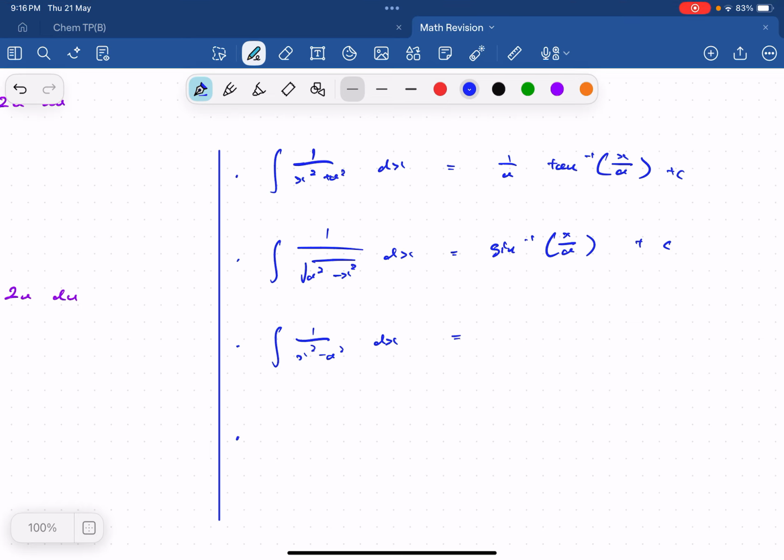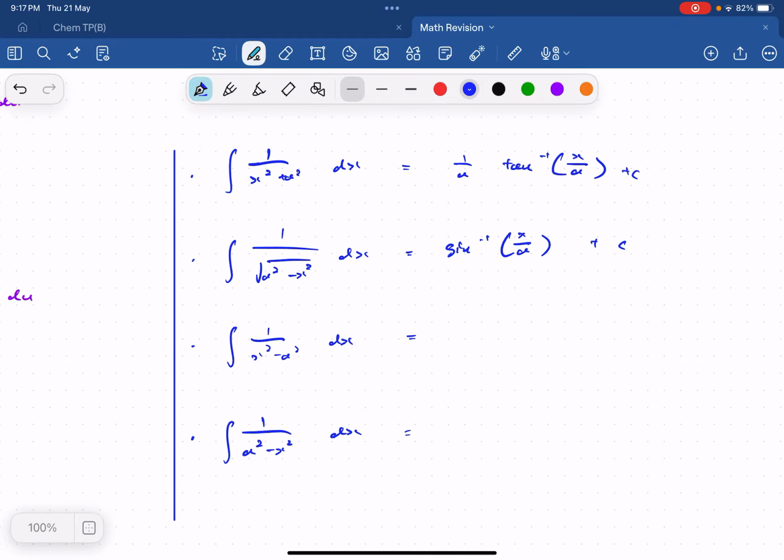And then these last 2 forms here, okay, actually concern both ln's. So if I have x squared minus a squared, then my result is going to be ln of x minus a over x plus a.